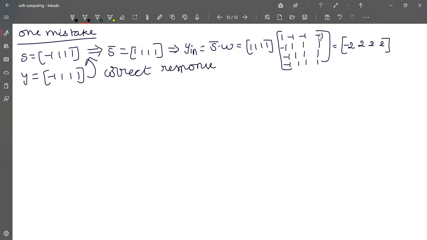So similarly, try for the rest of the things. Let me make the second value mistake. Sorry, this is our initial vector. If I make the second value mistake, minus 1 1. So now let's find yn.